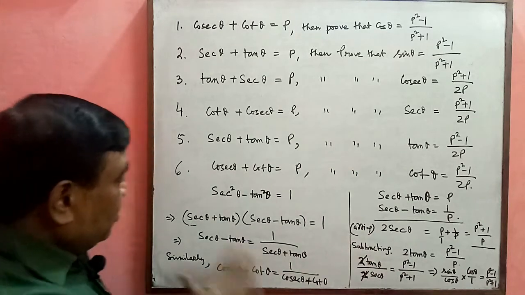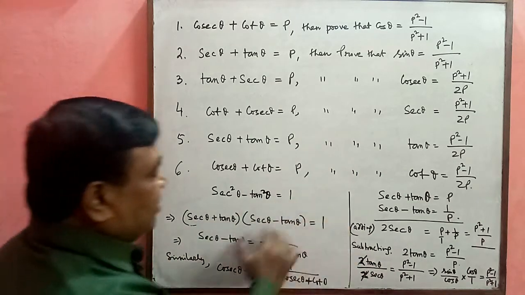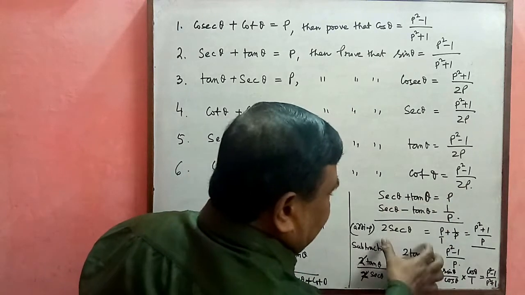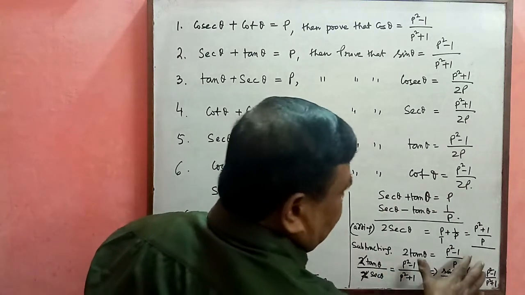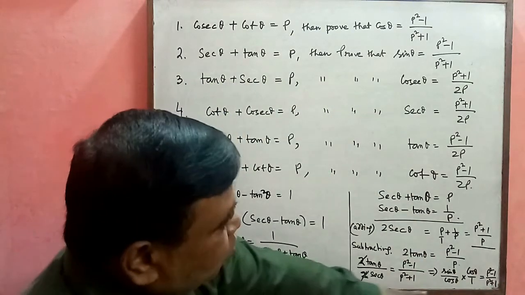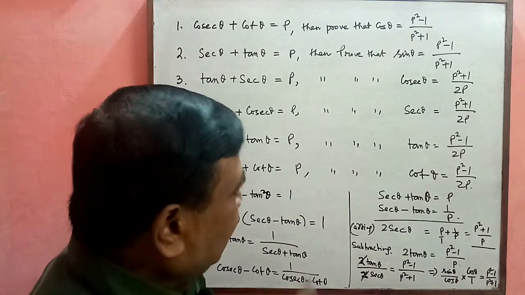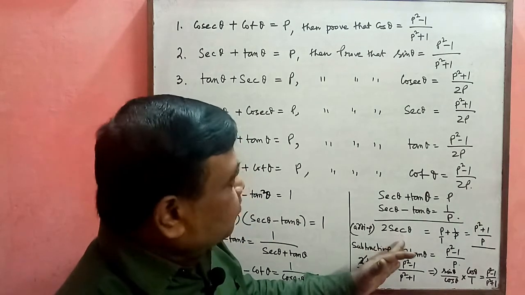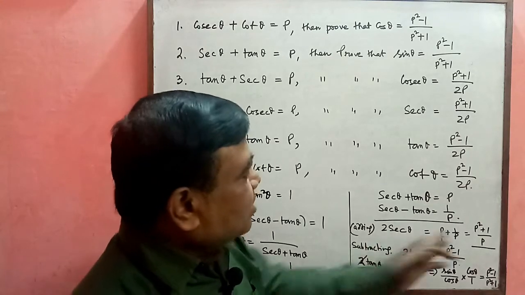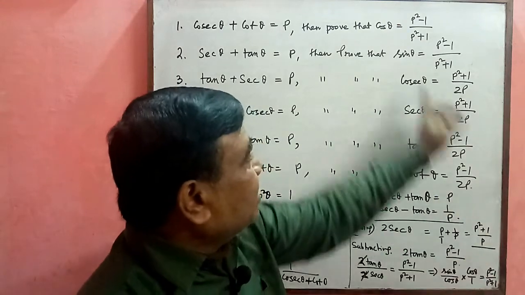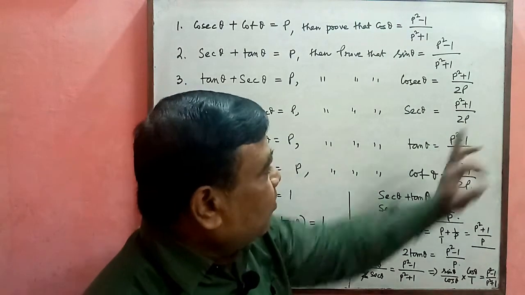Now, how? This is the identity we are using, and then we are getting 1 plus, 1 minus, add it and subtract it, we will get it. And the way the question is put, you proceed up to this one. Like if you are asked to find out cos theta or sec theta, so sec theta is p square plus 1 upon 2p.